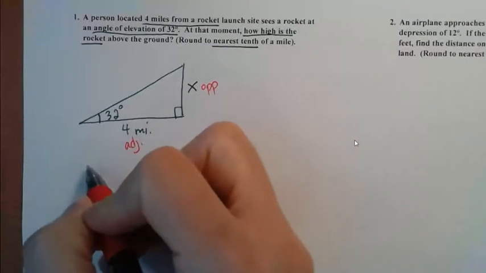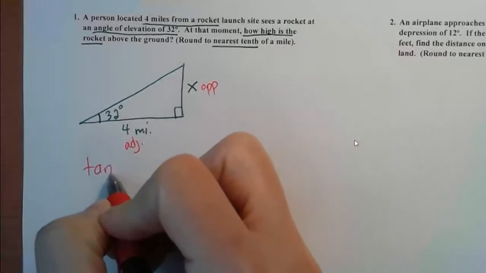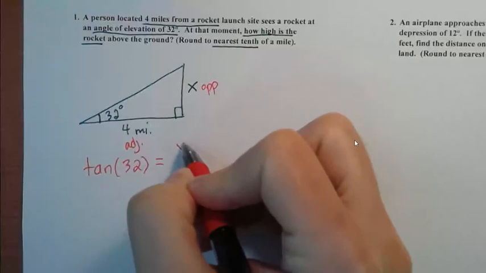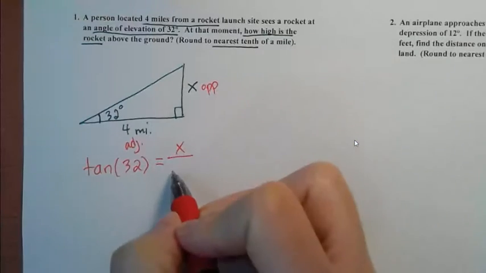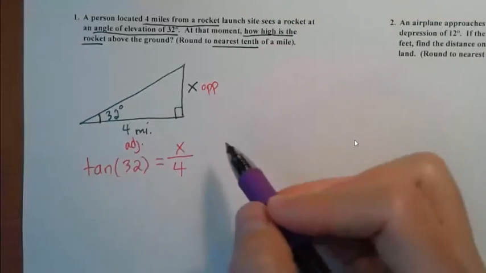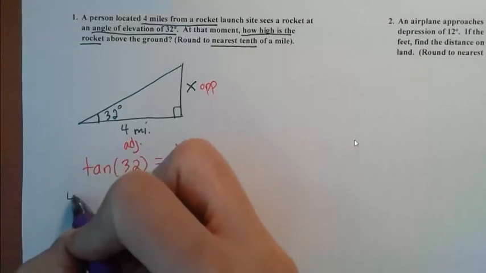So I would set up my equation first as the tangent of 32 is equal to opposite, which is x, over adjacent, 4, and we have an equation set up. So now we're going to go through our steps to solve this algebraically. I would multiply by 4 on both sides first.